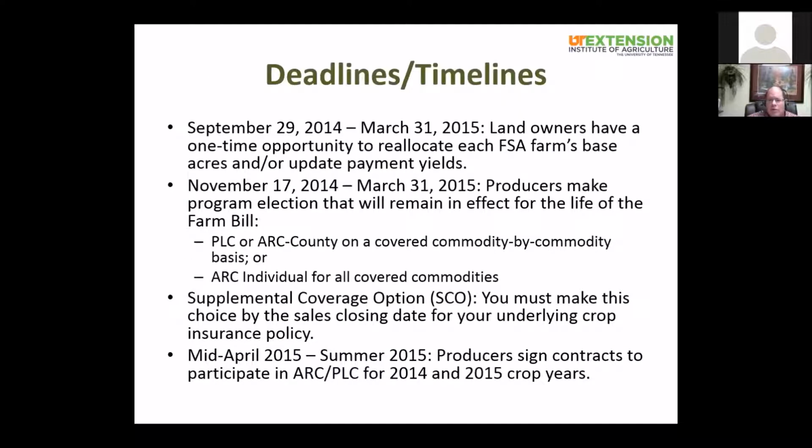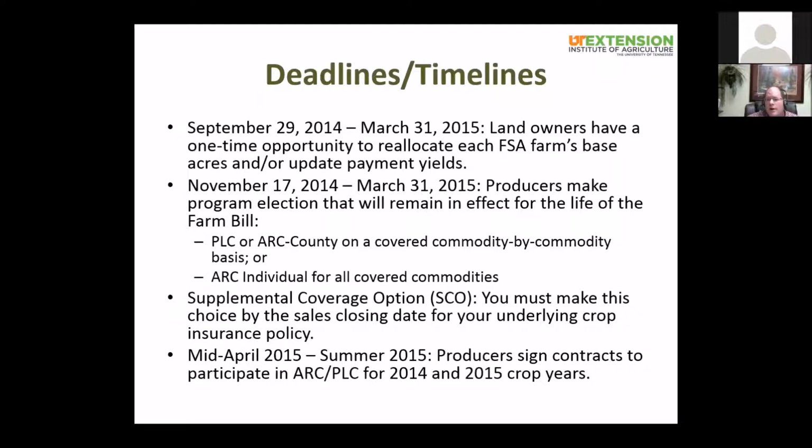Just quickly, some deadlines. These apply to the whole farm bill. March 31st is an extended deadline for base reallocation and updating payment yields. Again, March 31st is the regular deadline to make that PLC or ARC decision. If you're going to pick the supplemental coverage option (SCO) to go along, you can only do that if you select PLC on the covered commodity.